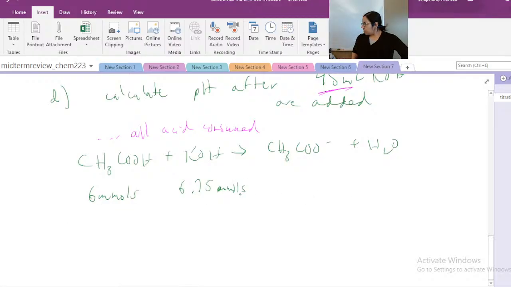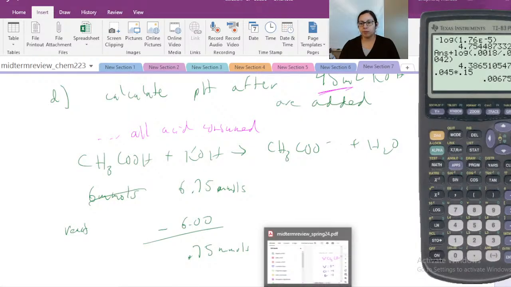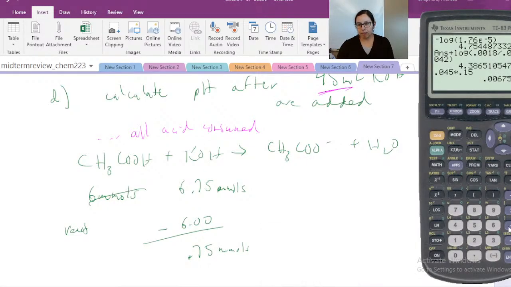So maybe you start off like this and then do the reaction. Obviously all these are going to be consumed. And so now we're left with 0.75 millimoles. So minus 0.006, oops.